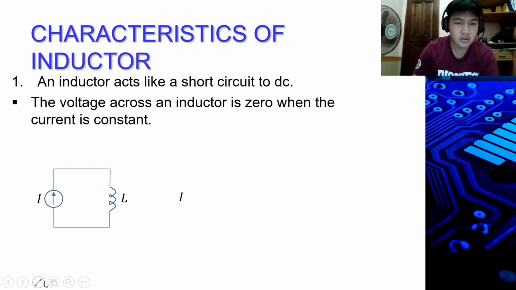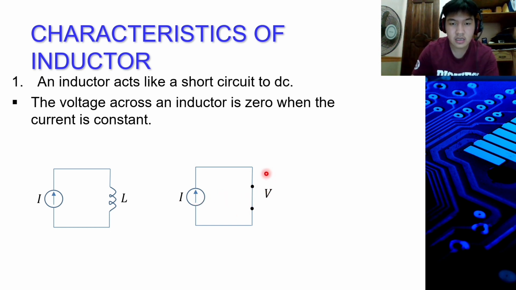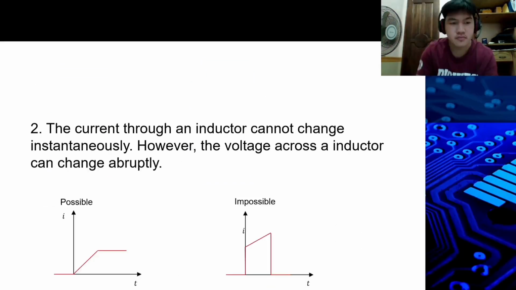So if we redraw it, the circuit formed is like this, short na, and the voltage will be equal to 0.